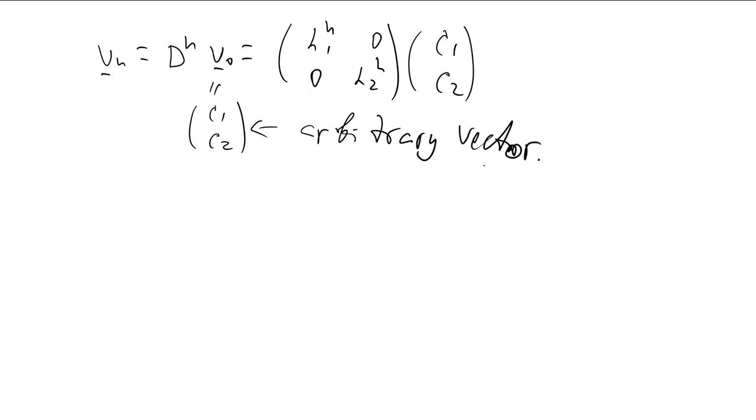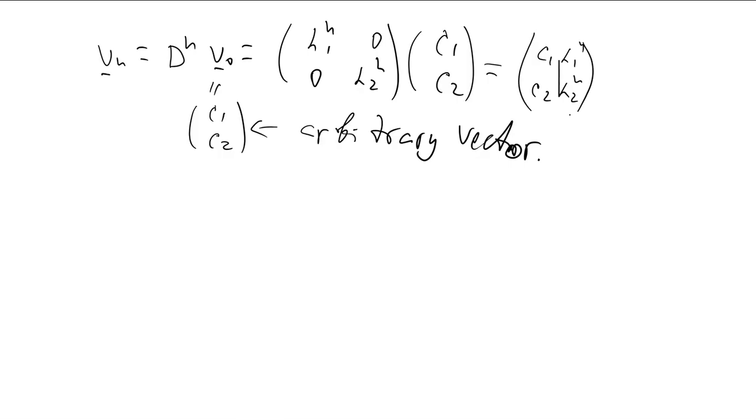And therefore c1 and c2 are arbitrary constants. And if we multiply these two matrices, we will get c1 lambda 1 to the power of n, c2 lambda 2 to the power of n.